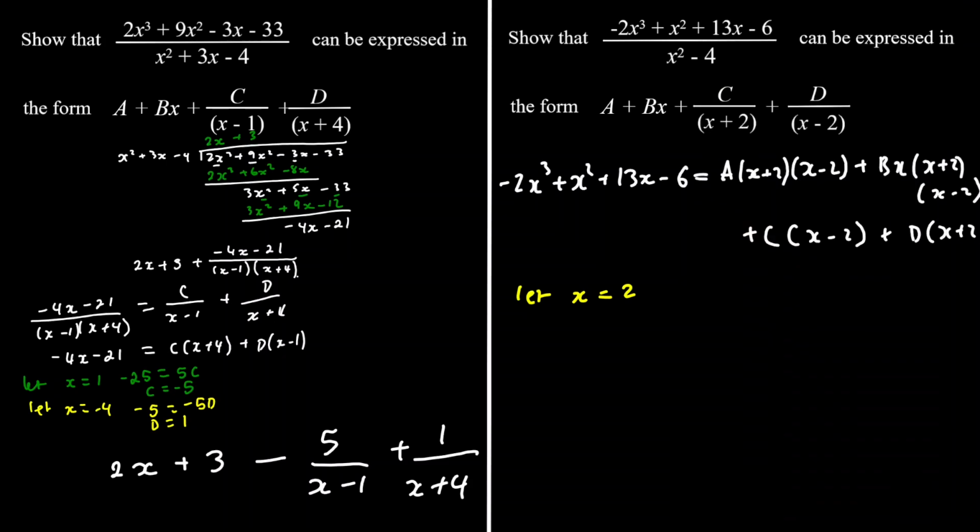That's 8. And when x is 2, a's gone, b's gone, and c's gone. So that's just equal to 4d. So d must be 2.